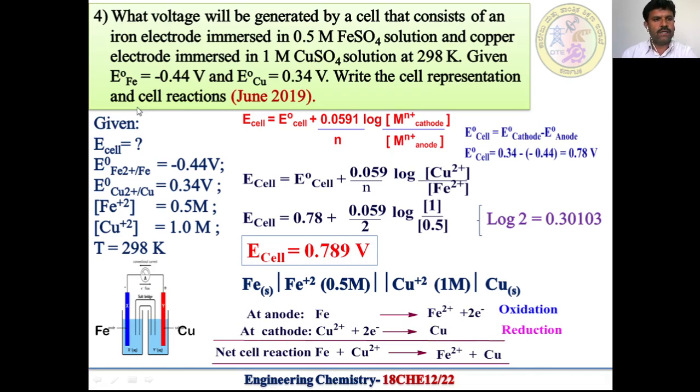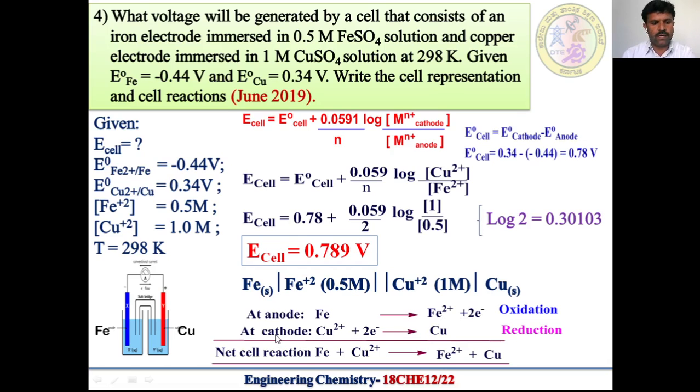Next, cell reactions. As we know, the anodic material will undergo oxidation and the cathodic material will undergo reduction. Here iron behaves as anode, hence it undergoes oxidation and releases electrons.